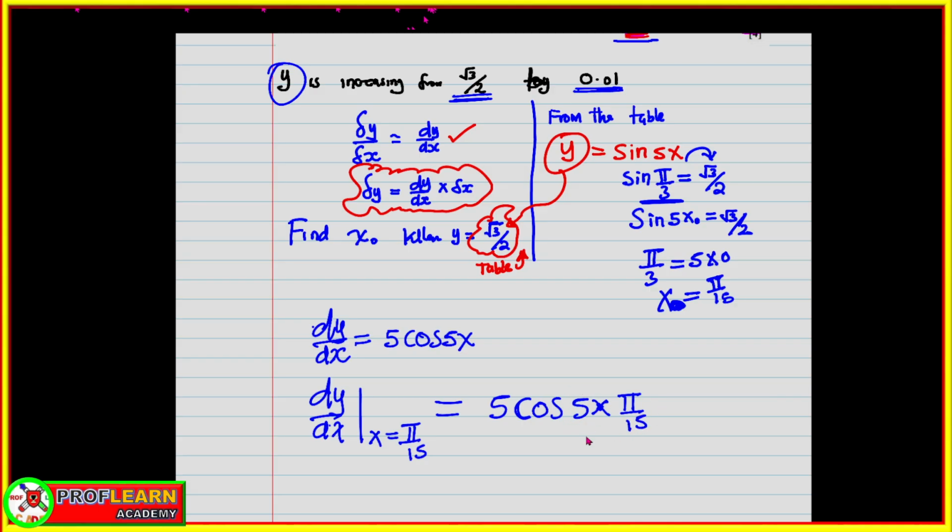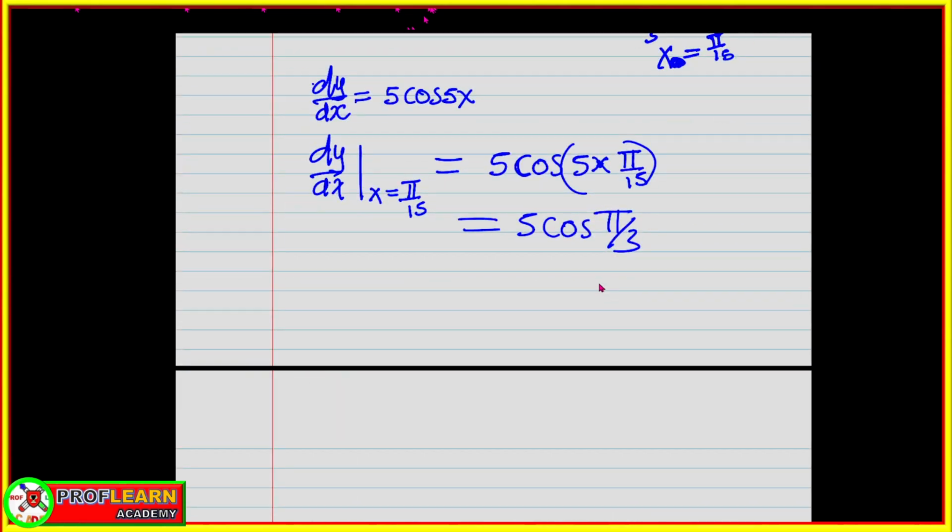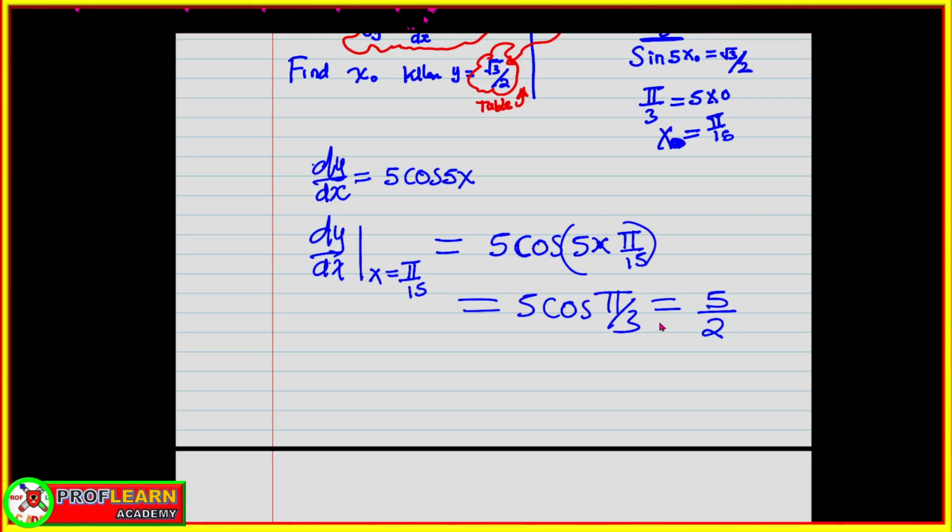If you work out 5 times pi over 15, it is going to be 5 cos pi over 3. And cos pi over 3 is basically a half. So this is going to translate to 5 over 2. That is basically the value of dy/dx at this point.